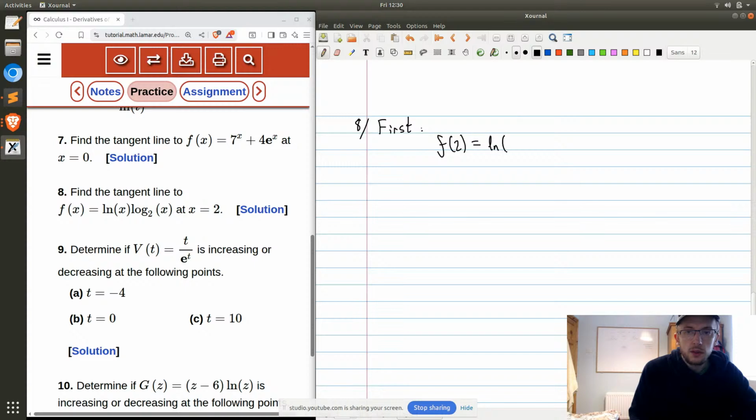So it's ln of 2, which is like 0.693, something like that. Then log base 2 of 2: to what power must 2 be raised in order to get 2? The answer is 1. So it's literally just ln 2.